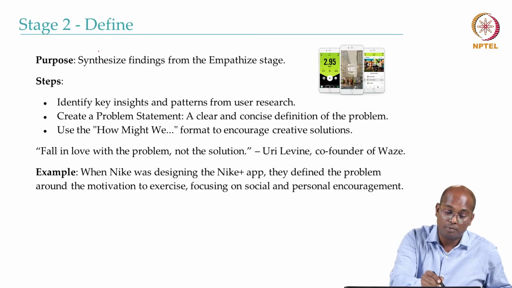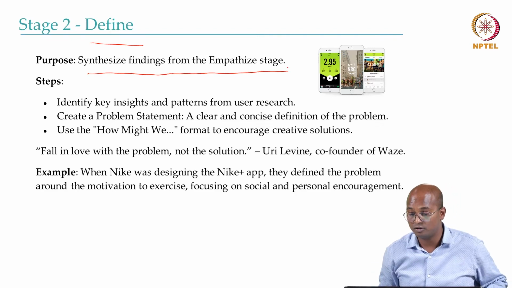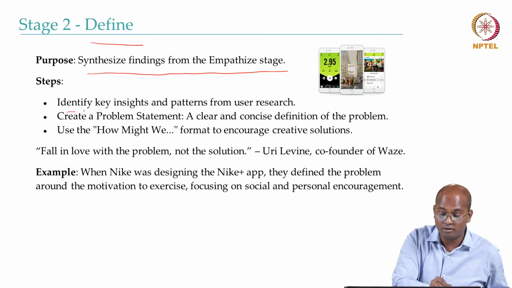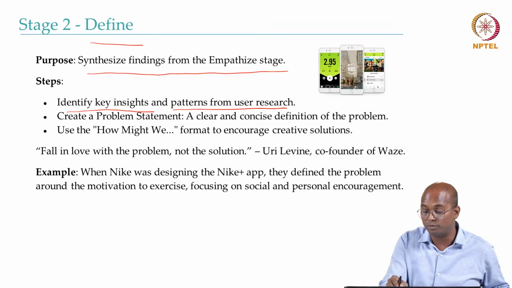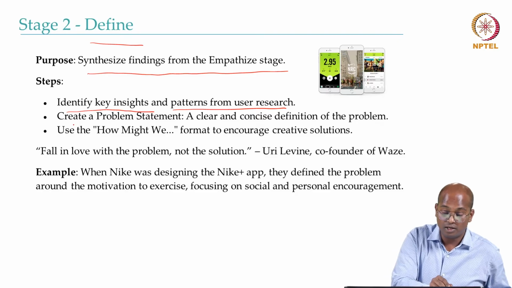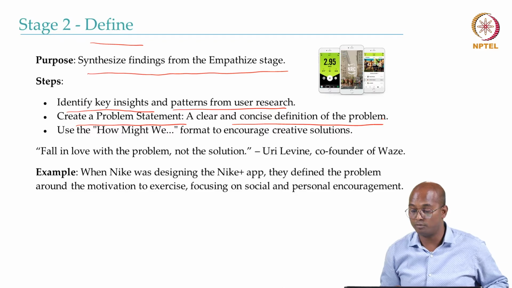Stage 2 talks about defining the problem. You need to synthesize findings from the empathize stage to make a more structured formulation of what kind of expectation the user has, and what kind of problem you want to solve. The steps involve identifying key insights and patterns from the user research, all that we have discussed, through surveys, through interviews, and many other ways. Create a problem statement, a clear and concise definition of the problem.